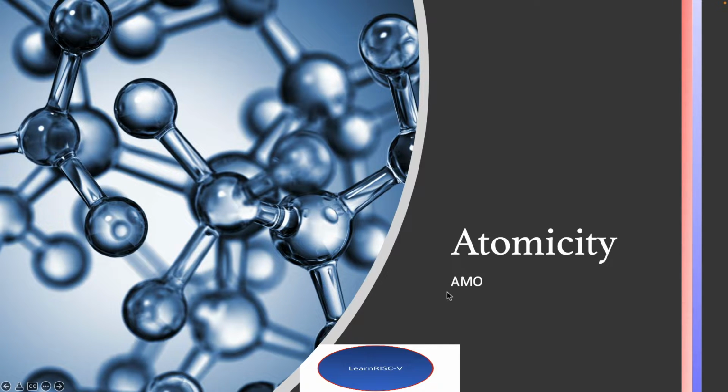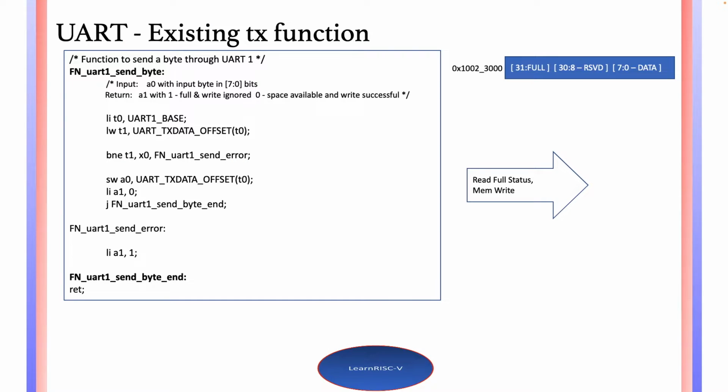Whereas in this one, I'm just gonna talk about an AMO instruction. AMO stands for atomic memory operation. There are more than one atomic memory operation, but just discussing one would help you to understand the rest of them all.